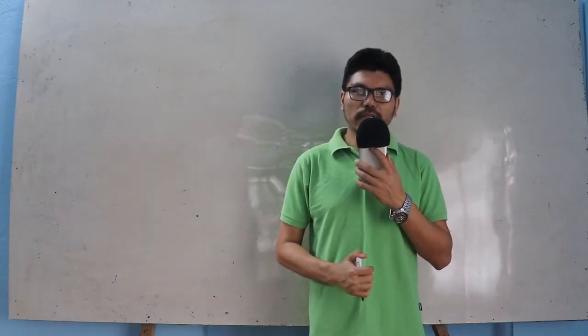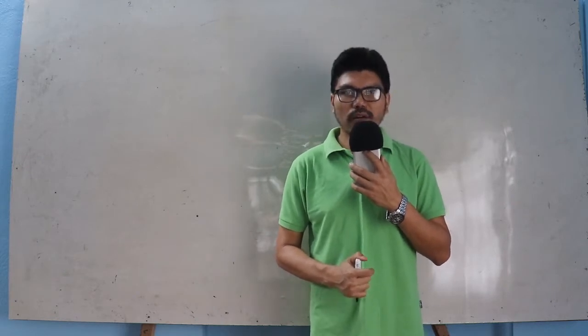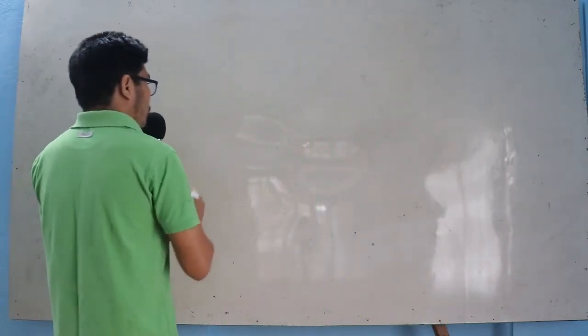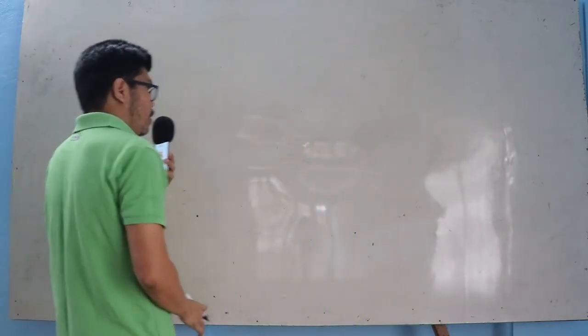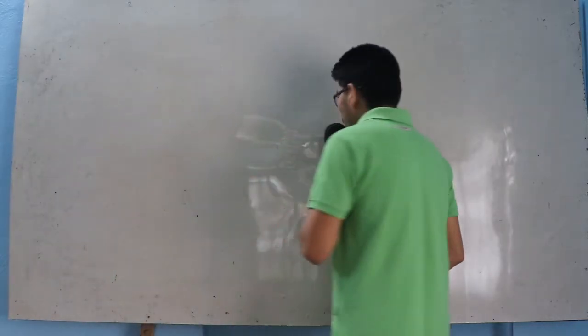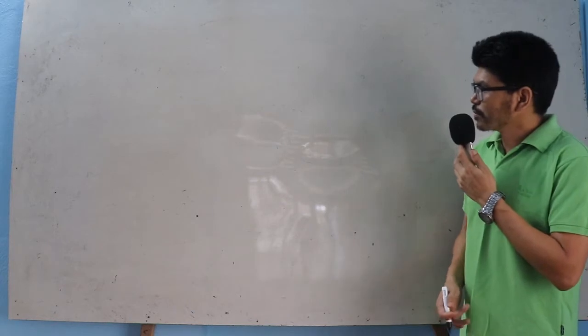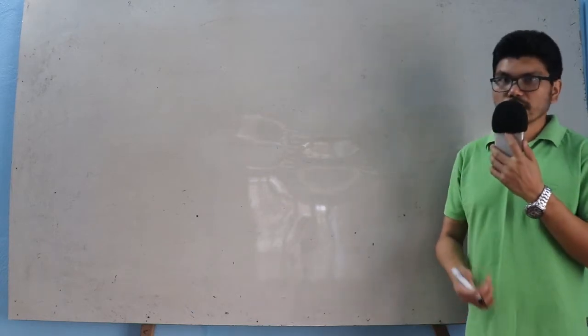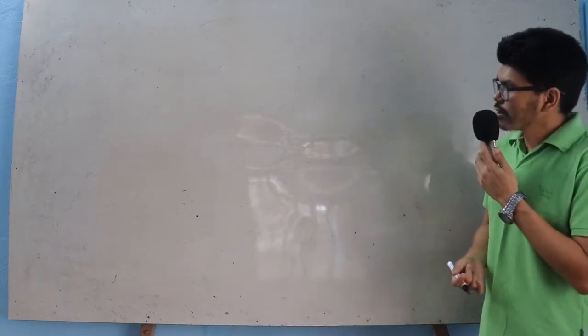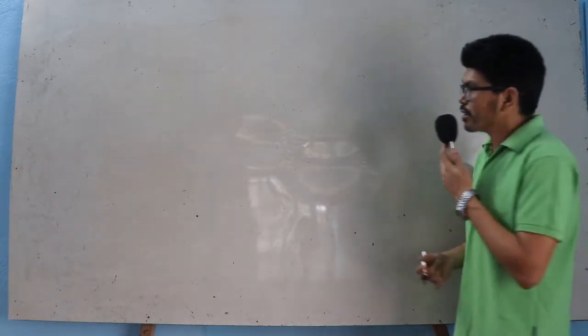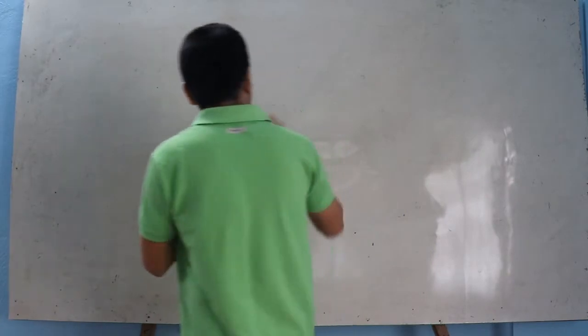So we are back with another class on optics. In today's class, we will see the derivation of the relation between the object distance, image distance, radius of curvature, and refractive index of a spherical refracting surface.